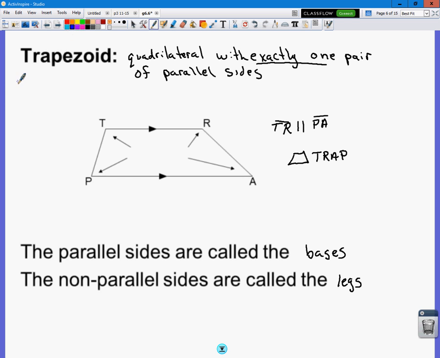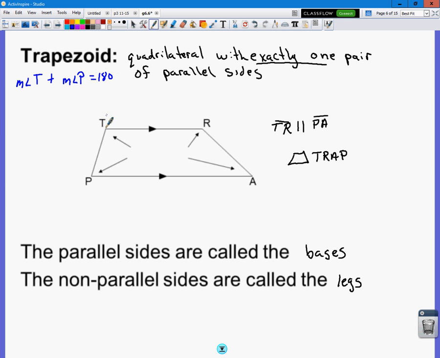In every trapezoid, we should be able to compare some of these angles, or at least do something with them. What can you tell me about angle T and angle P? Very good. They will add up to 180 degrees.